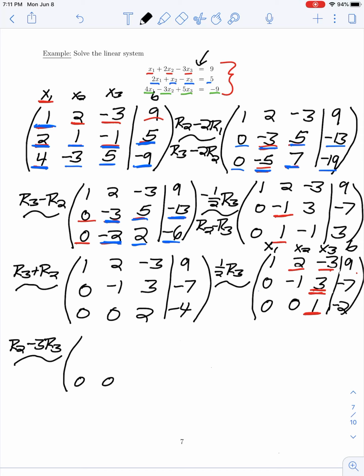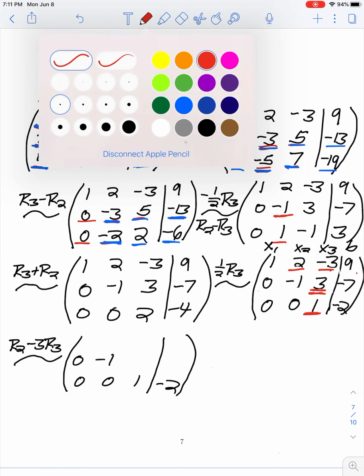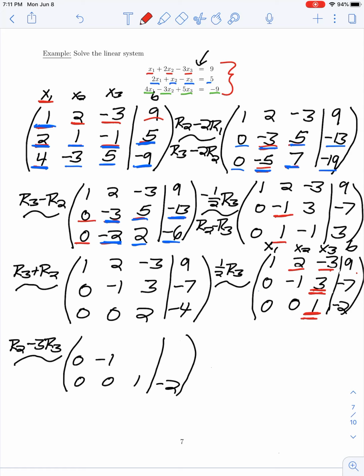My last row I'm leaving alone. I have 0, 0, 1 is equal to -2. And if I perform this operation, let's see what that second row becomes. I have 0, -1. Then I'm multiplying my third row by -3.